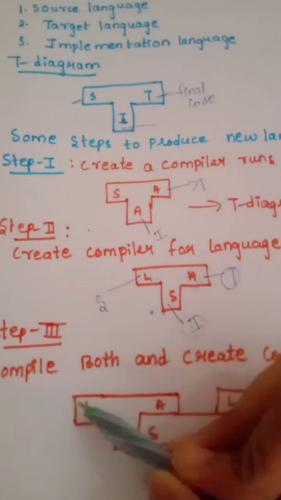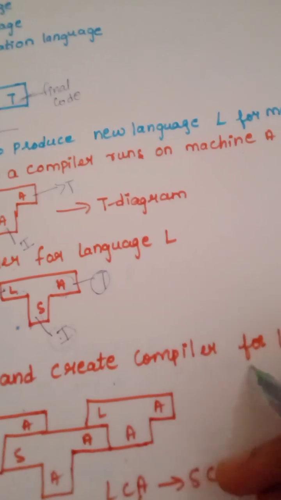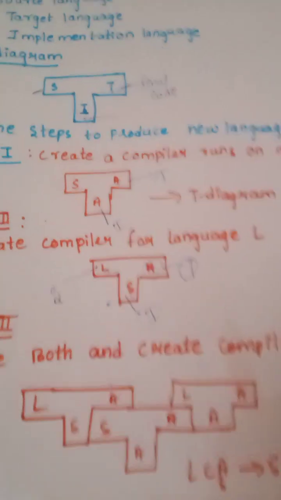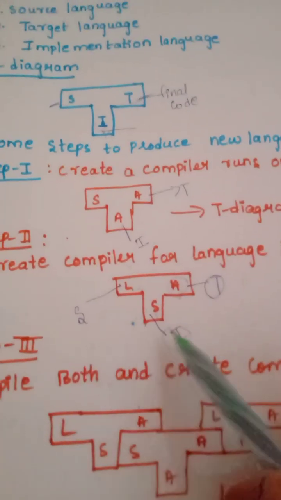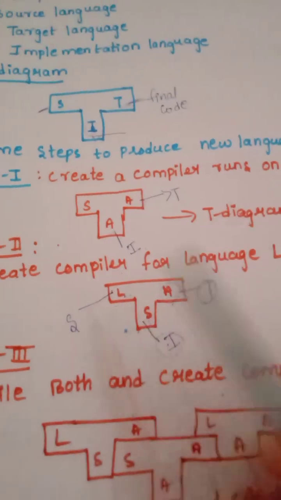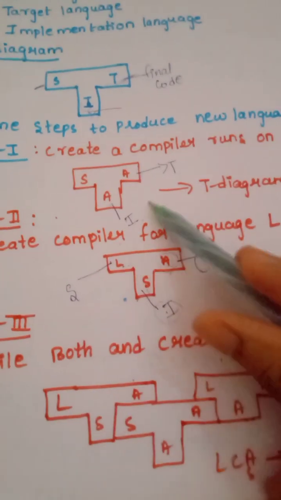In step 3, which is the final step, you have to compile both and create a compiler for language L. In the first step you created a compiler for machine A, and in the second step you created a compiler for language L. So in the third step you combine both.